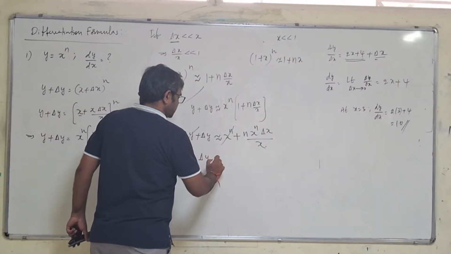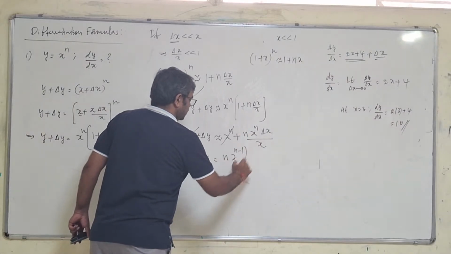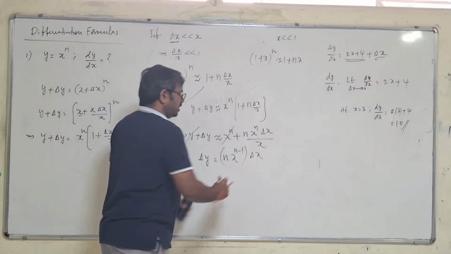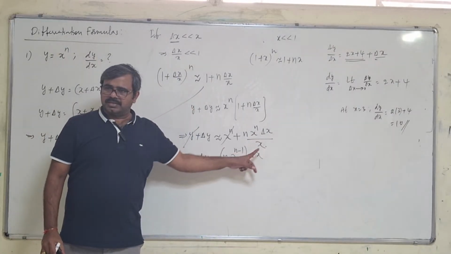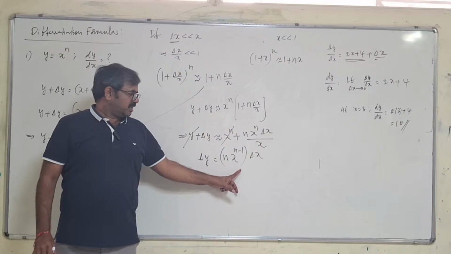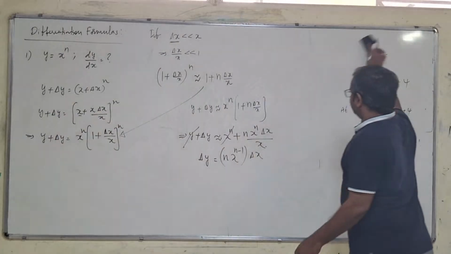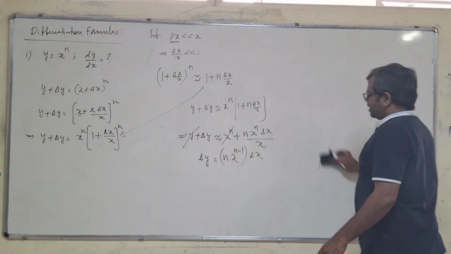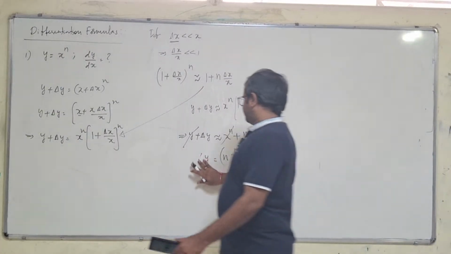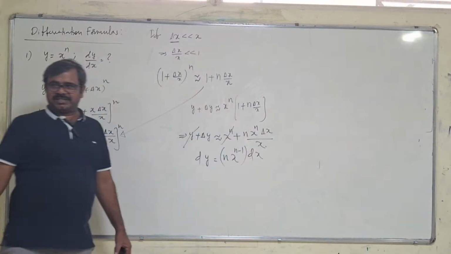Delta y is equal to x power n by x, which is x power n minus 1. Take delta x to the left hand side. I should no more call them delta y and delta x. I should call them dy and dx because they are small changes.